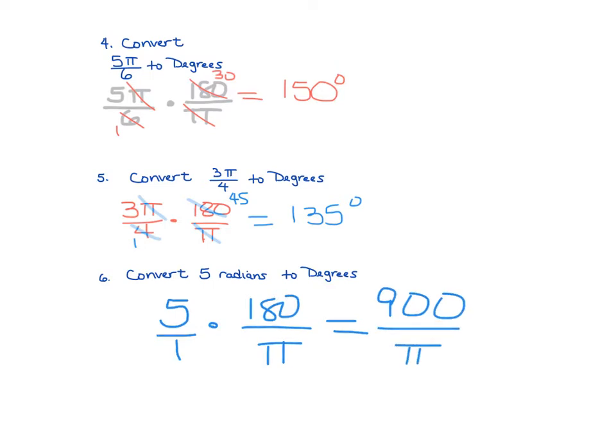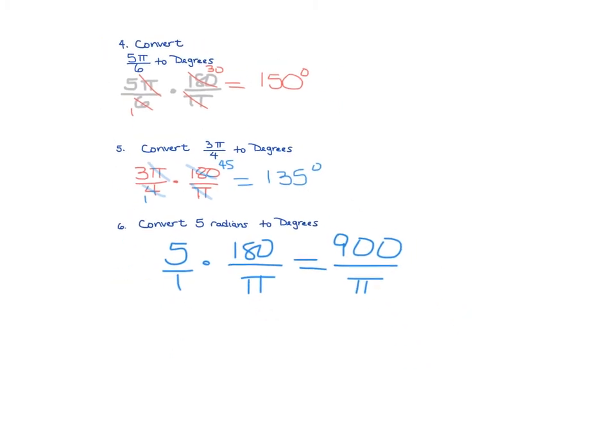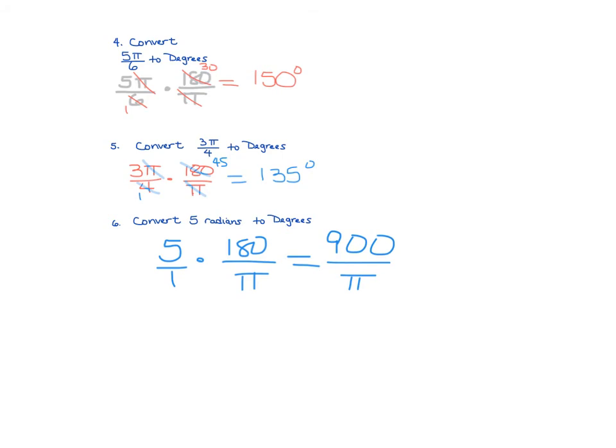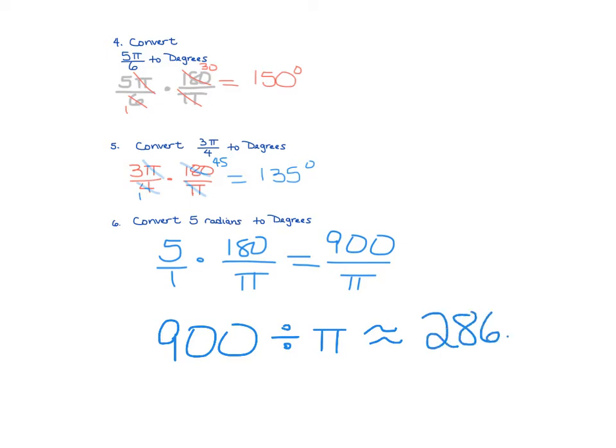So again, if it asks for an exact or leave in terms of pi, that would be your answer. However, if I asked you to give me an approximate value, what you would do here is 900 divided by pi, and you will get approximately 286.48 degrees.